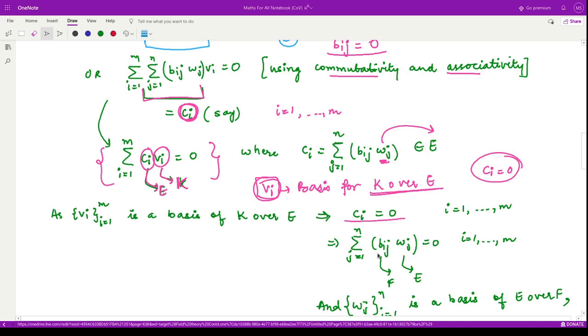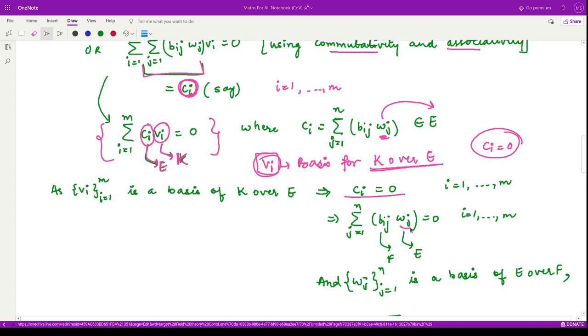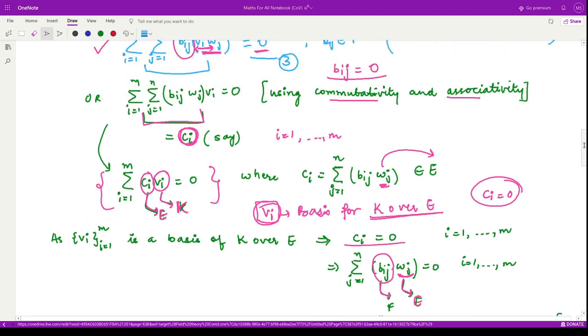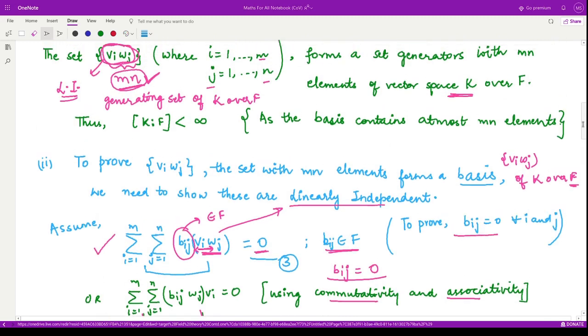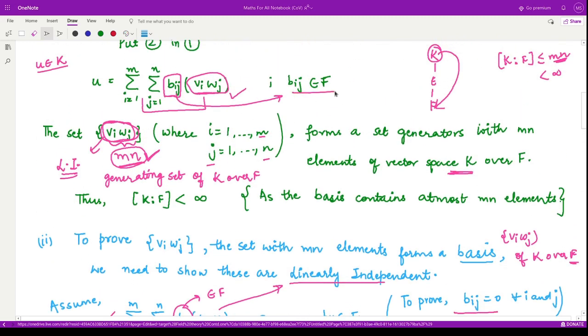So this linear combination is equal to 0. Now you see these w_j's were the basis for E, and we take their linear combination with scalars from F. These b_ij's belong to F, because that's how we defined them in the last step.